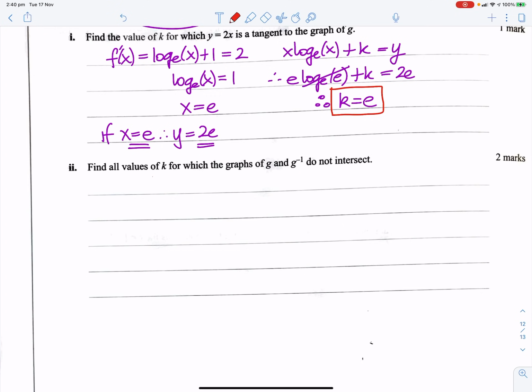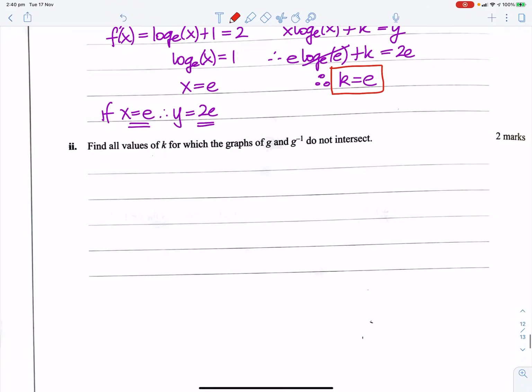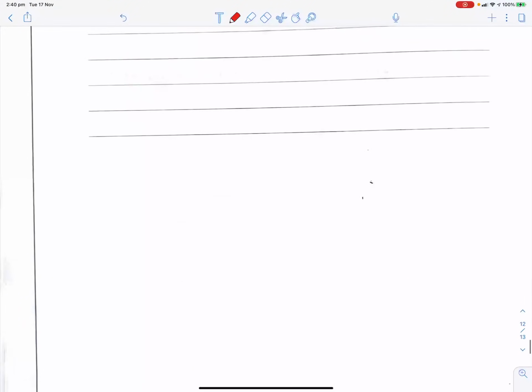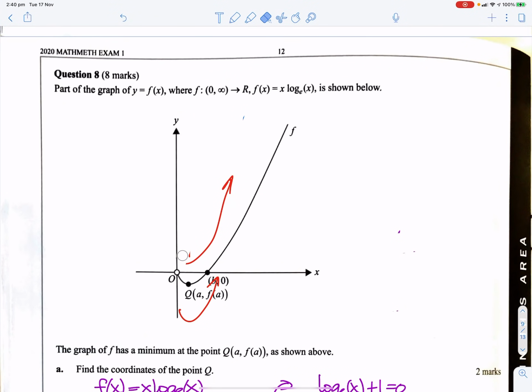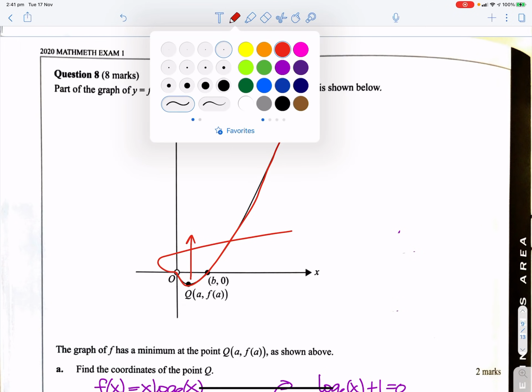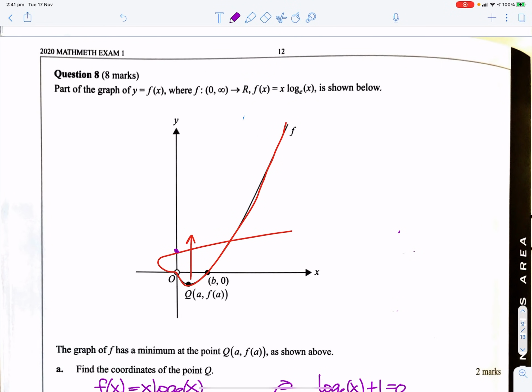Find the values of k for which the graphs of g and g inverse do not intersect. So this one's going to be a bit hard to explain, but basically we know if this is g, g inverse will look like that. As I move this graph up, this graph here is going to move to the right.